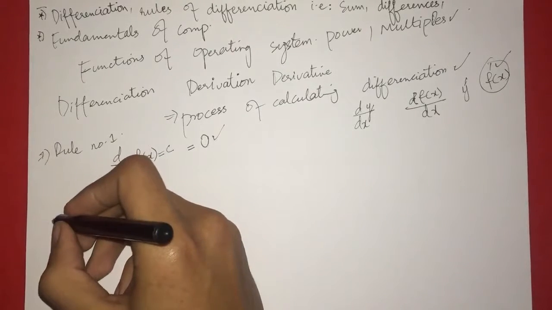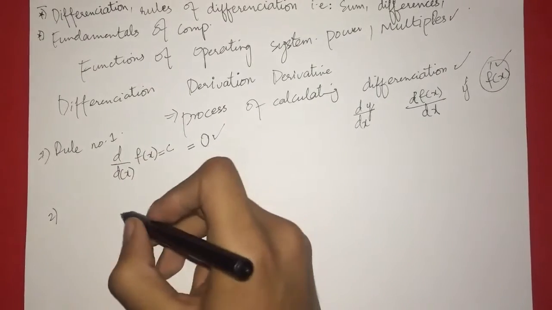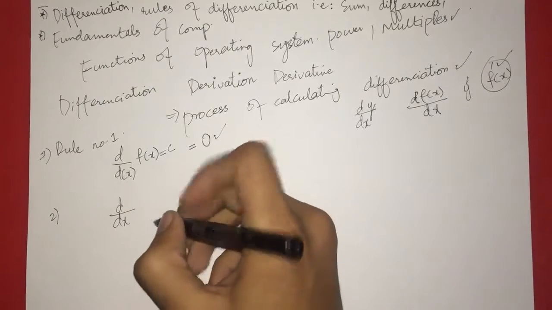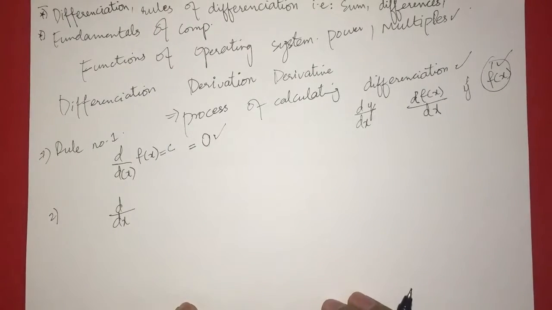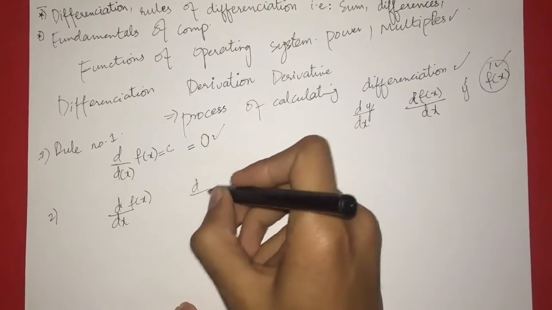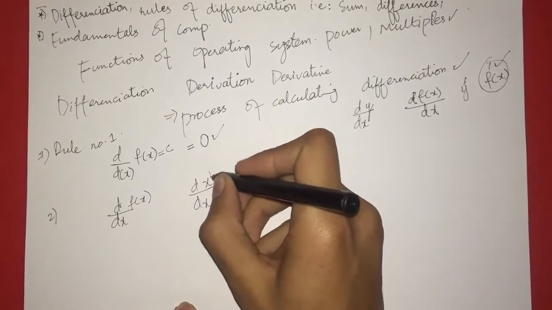The second rule is the power rule. For example, you have d by dx of f of x, where f of x is x to the power n.